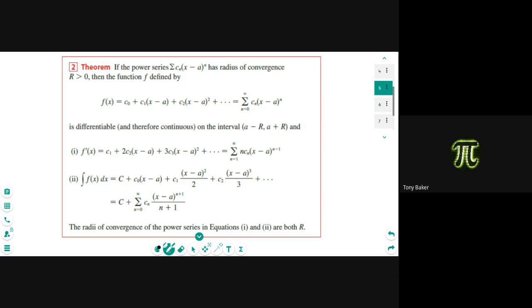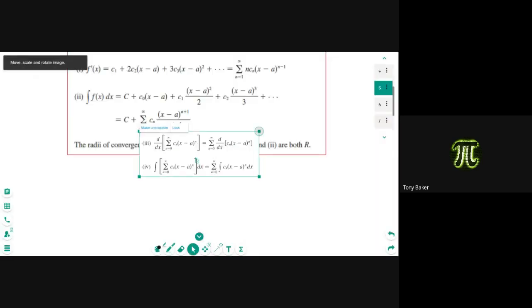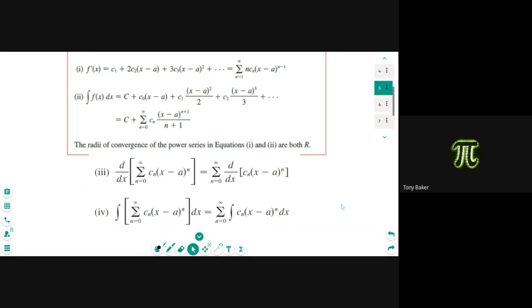If you don't want to write all of that, because there's a lot of stuff there, that's the derivative and the integral of the summation. You don't really need all the extra terms in the middle. We can just take the derivative of whatever that is and the integral of whatever that is, and then do the summation.